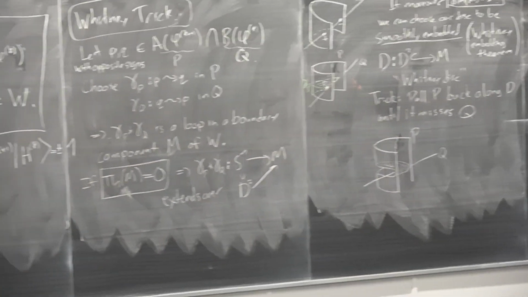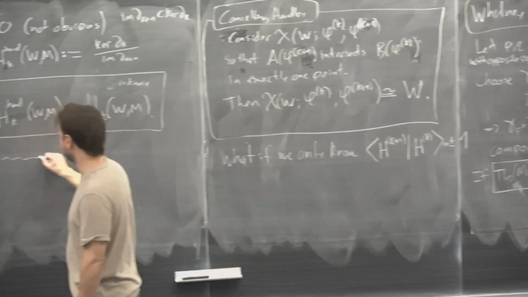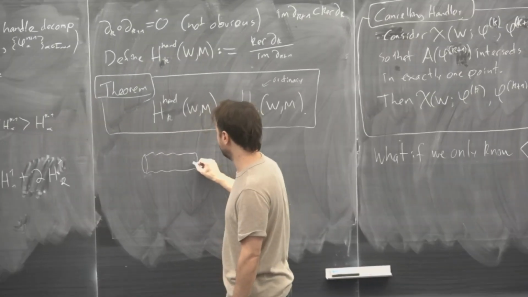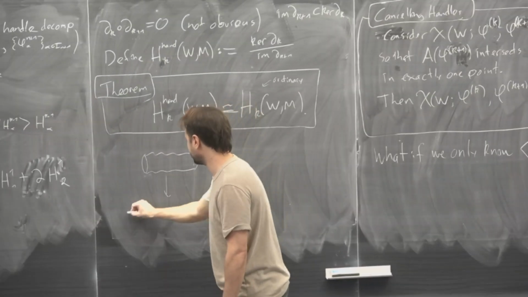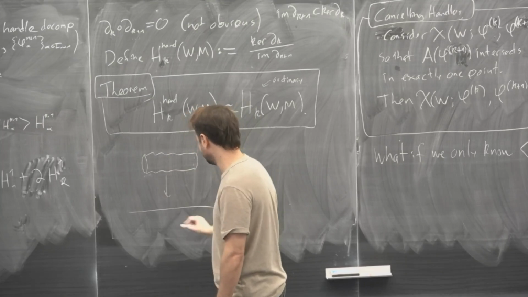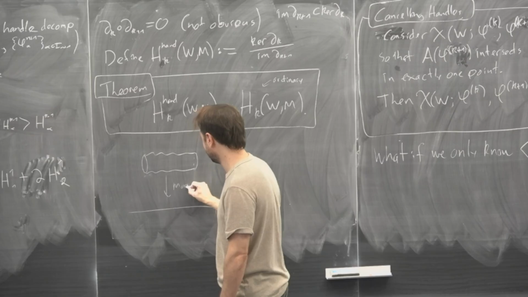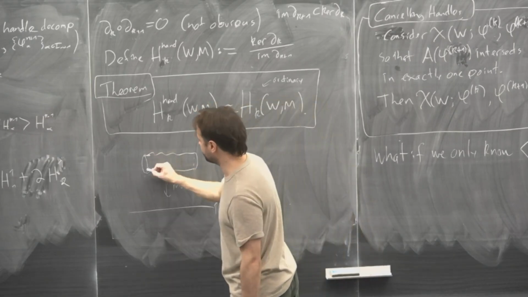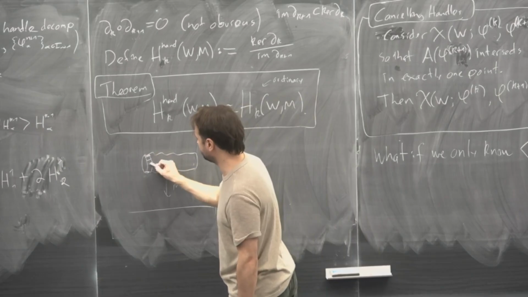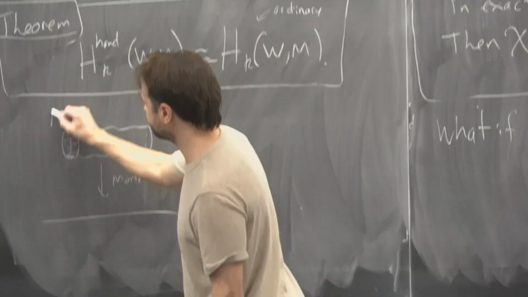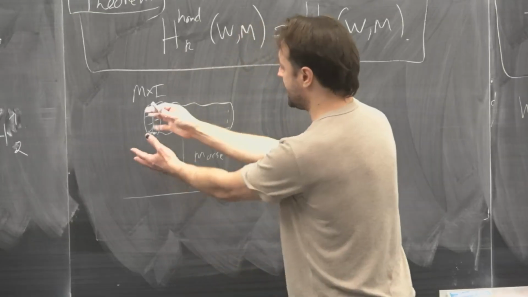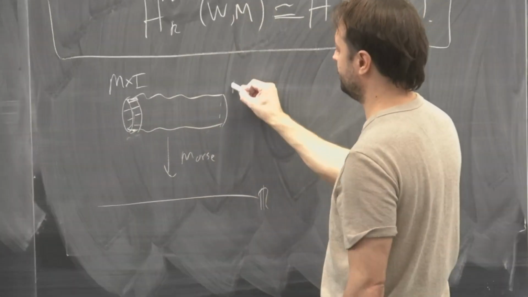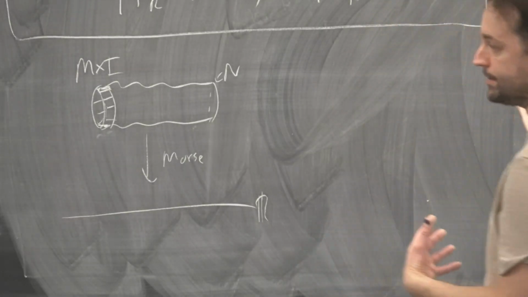So you take your h-cobordism W, and you choose a Morse function. This Morse function gives us a handle decomposition that starts with M cross I, a little collar neighborhood, and adds a bunch of handles until the opposite boundary is N.